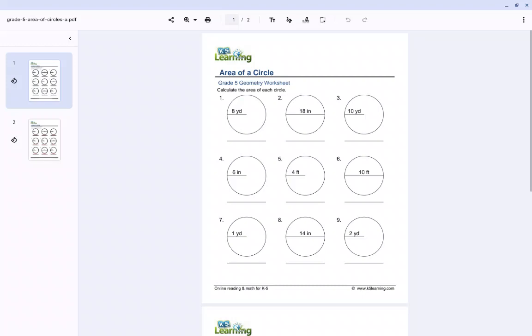Remember, it's multiplied by itself. So in this case, my radius is 8. So to set that up, I would do 3.14 times 8 times 8 again. So go ahead and type that in your calculators and see what you get.